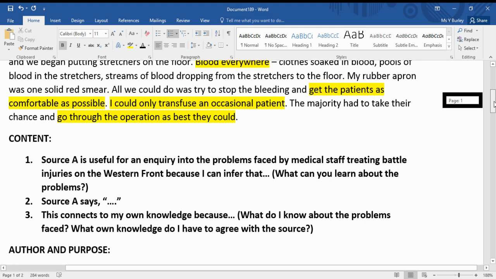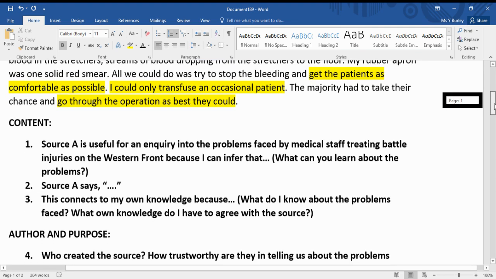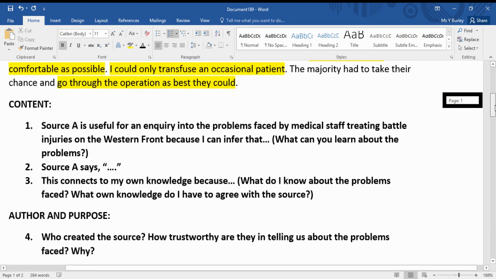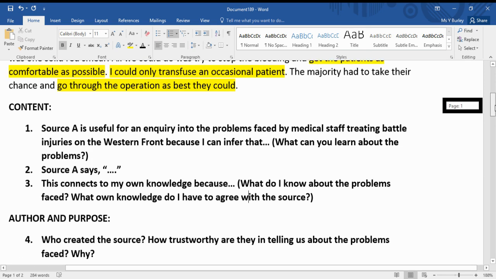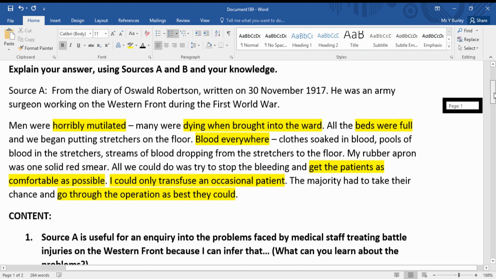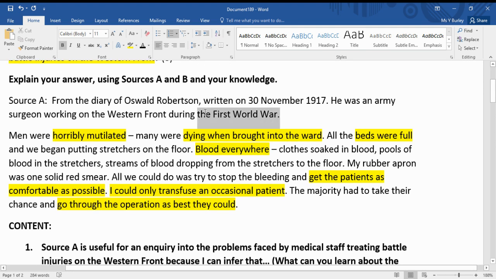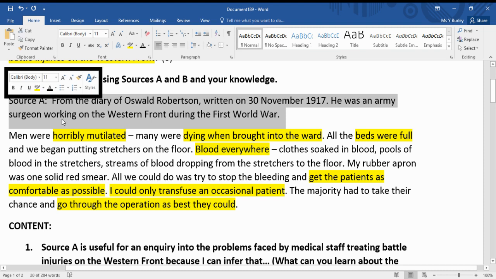All right, once you've done that, you're then going to have a look at the author and purpose of the source. If you go up and have a look at what is called the provenance of the source, this part here, we're going to look at who created the source, who's the author, and then think about why they might have created this source at this time.